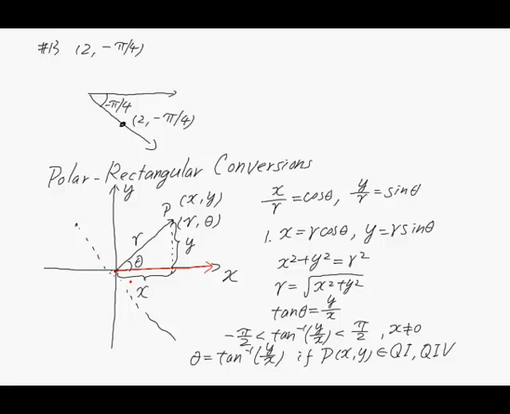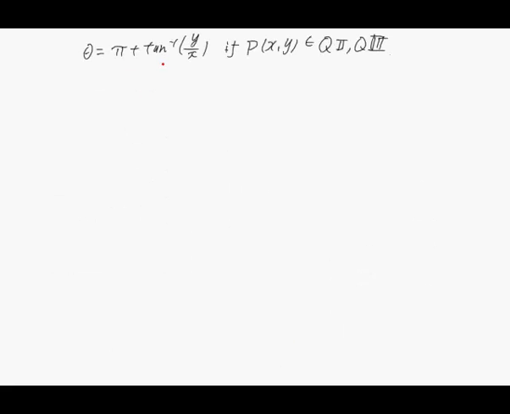So, to find this angle, let me call this theta 0. Then this angle should be pi plus theta 0. Okay, so this is how we find the angle for the polar coordinates of the points in quadrant 2 or in quadrant 3. So remember to add this pi to this tangent inverse of y over x.